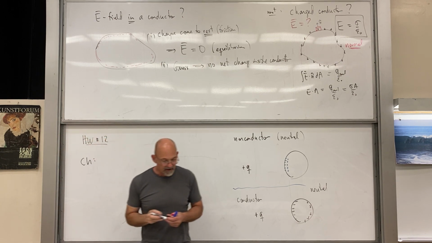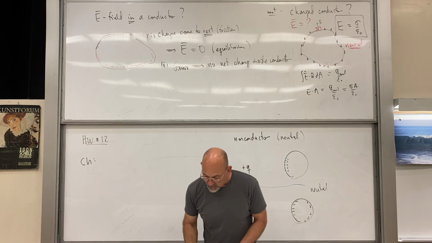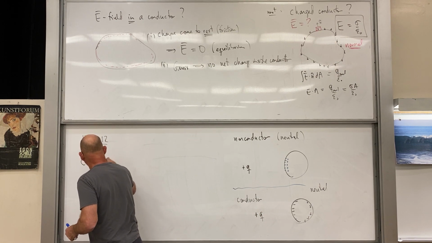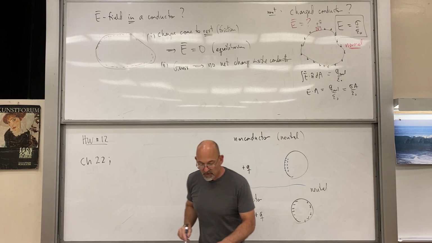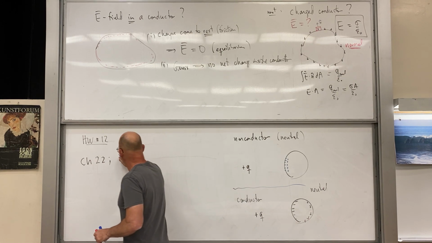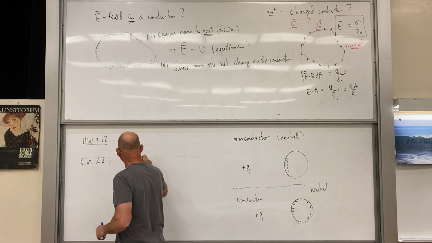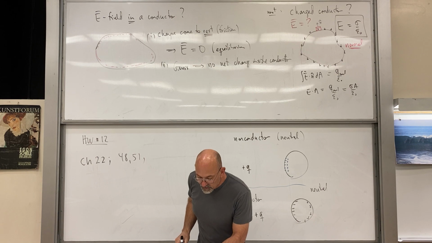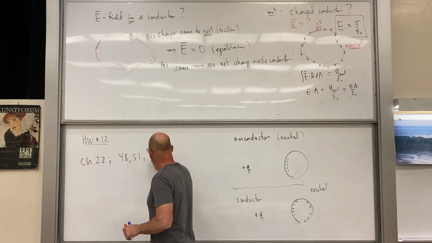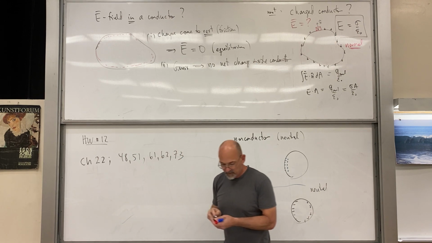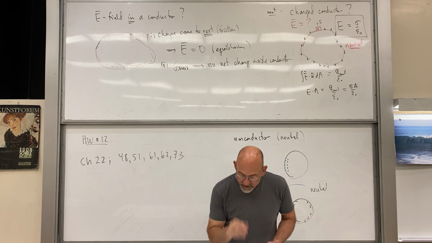I have written down here chapter 22, problems 48, 51, 61 and 62, and 73. And now let me consult the book and see what each of these was all about.